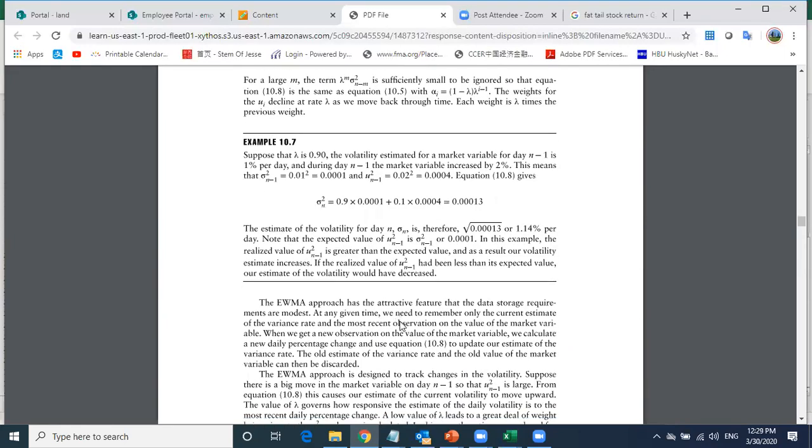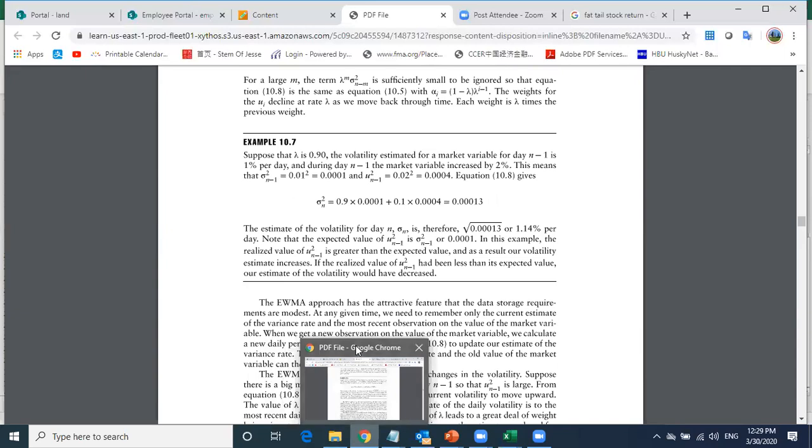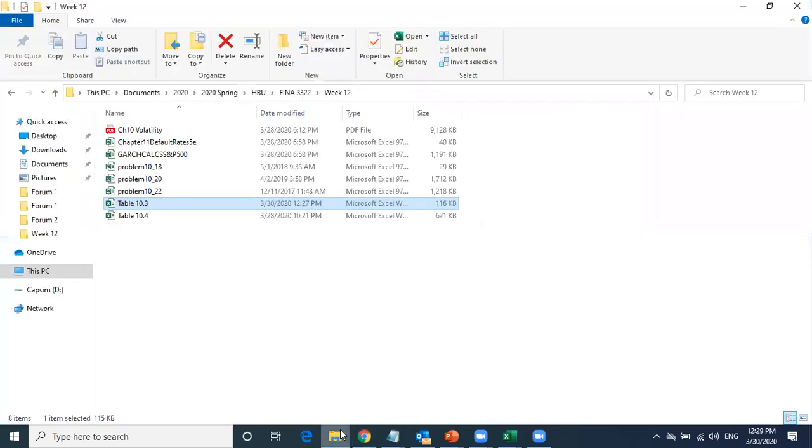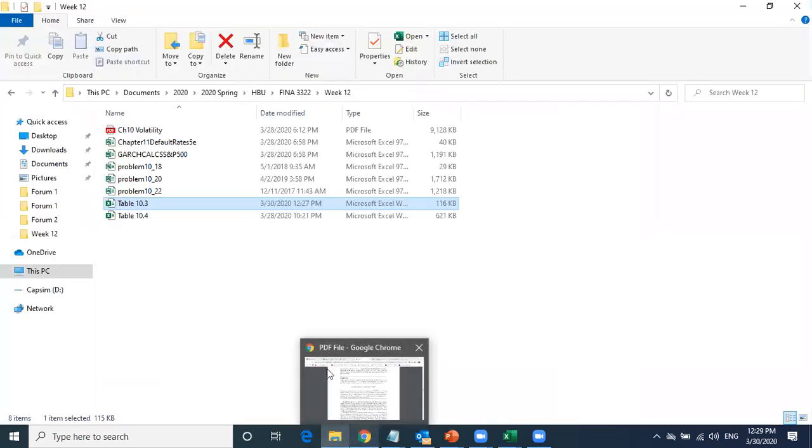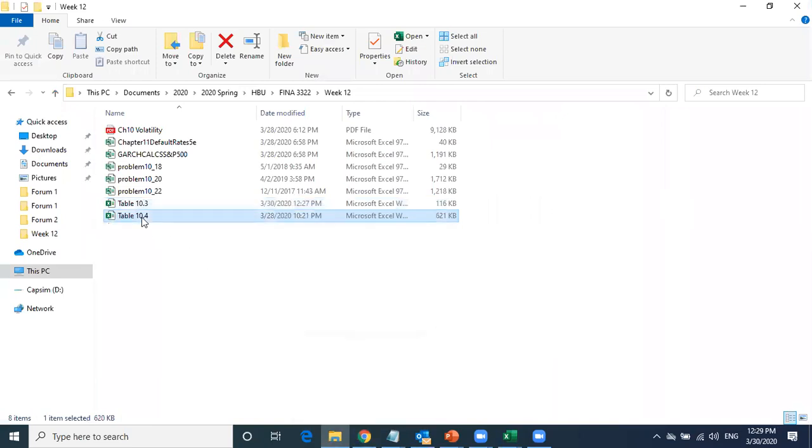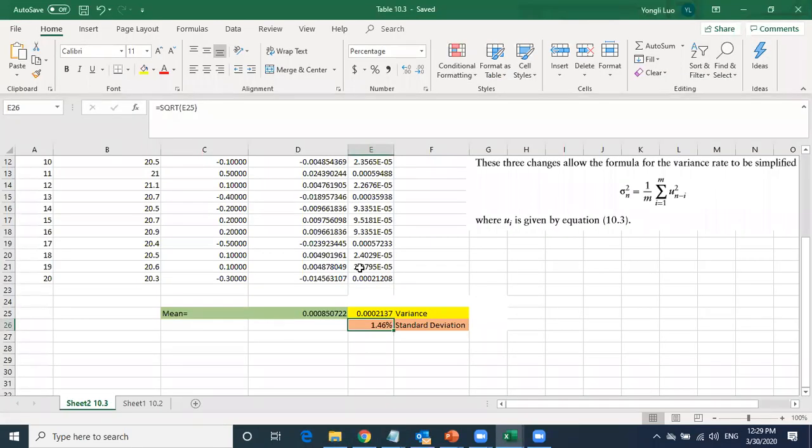So we're going to do that first. Look at the slides we have here. We're going to work on Table 10.4.